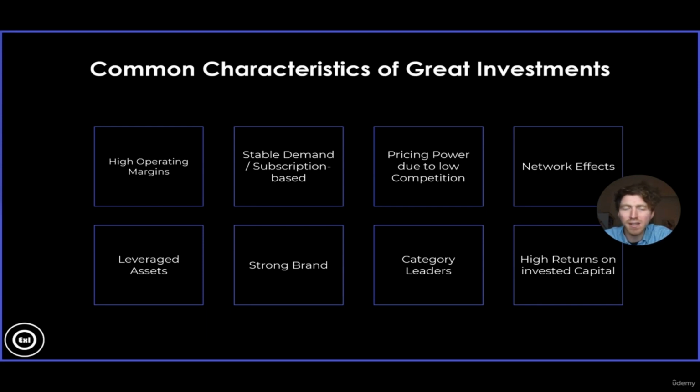Leveraged assets, if you think about Airbnb or Uber, which both don't own any physical assets, but rather leverage them with their technology, with their software platforms, they also grew very rapidly. In both cases, they delivered great returns for venture investors.